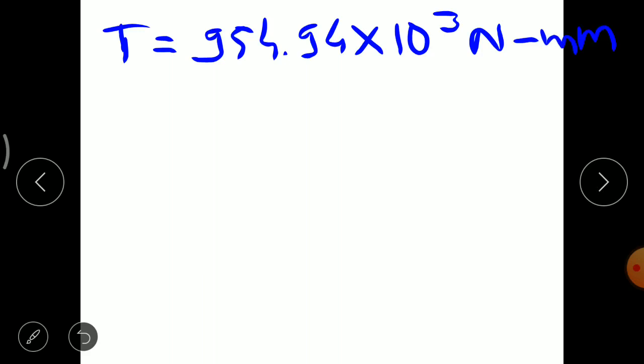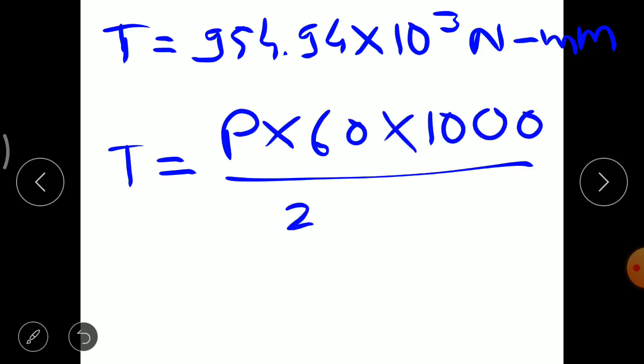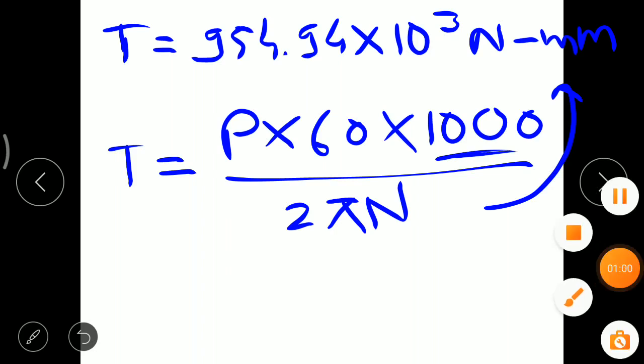Or you can solve it by the formula T is equal to P into 60 into 1000 divided by 2 pi N. In this way also you get the direct value of T in Newton mm. Okay, one and the same.